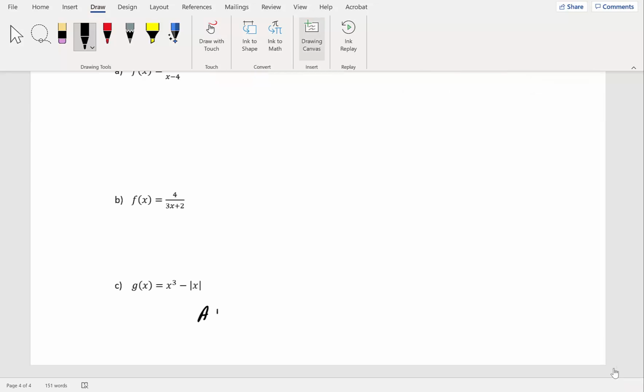Okay, our domain here would be all real numbers. And then writing out all real numbers in interval notation, this would be from negative infinity to positive infinity.